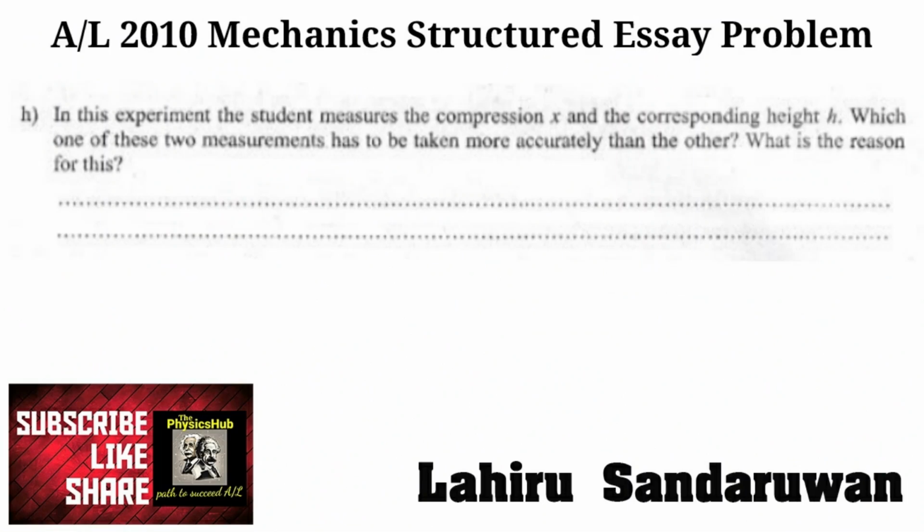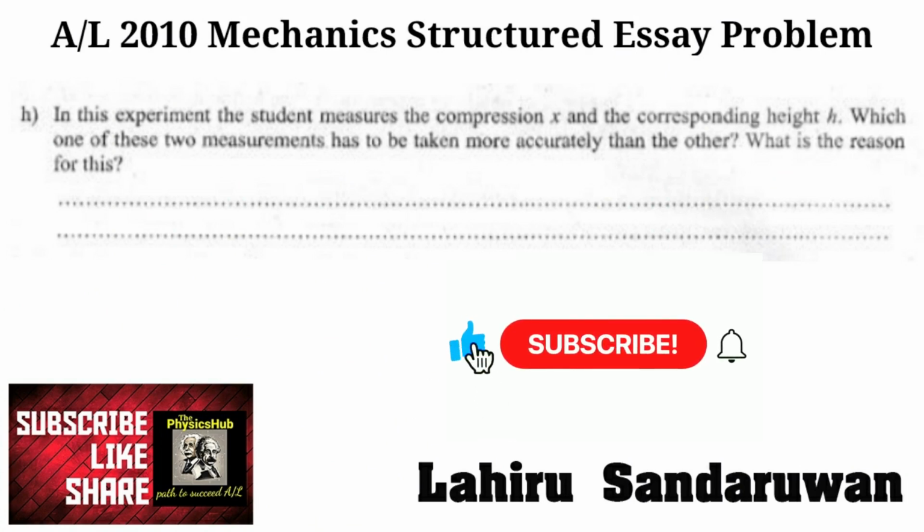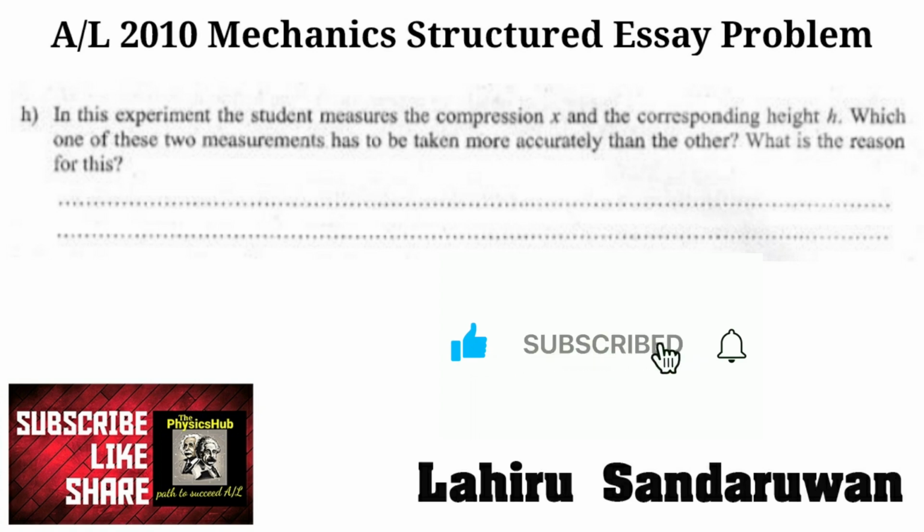Then part H. In this experiment, the student measures the compression x and the corresponding height h. Which one of these two measurements has to be taken more accurately than the other? What is the reason for this?